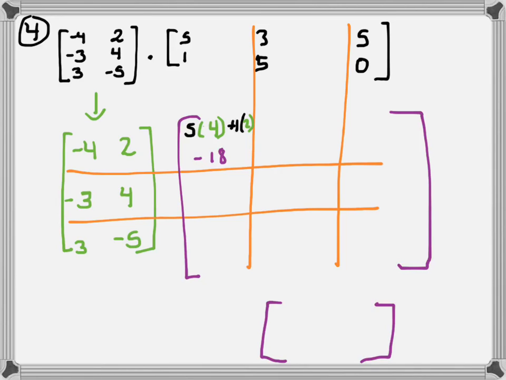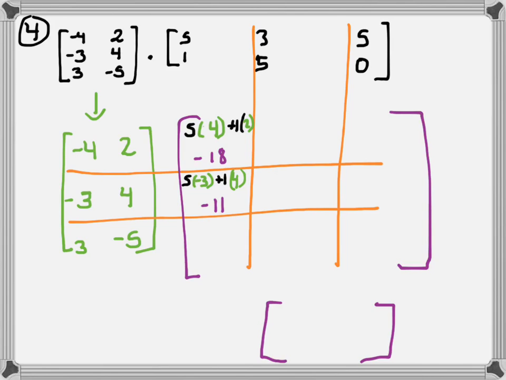Then we're going to do the next one. We see 5 times a negative 3 plus 1 times 4 gives us a total of negative 11.